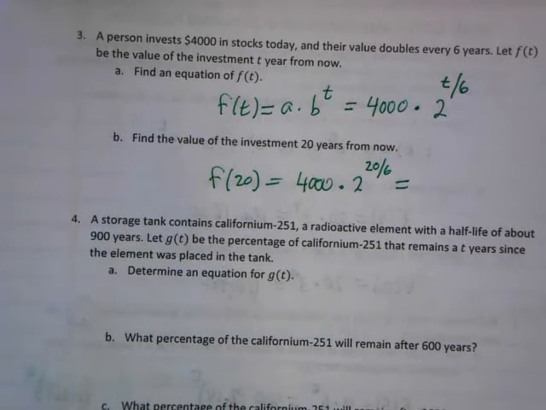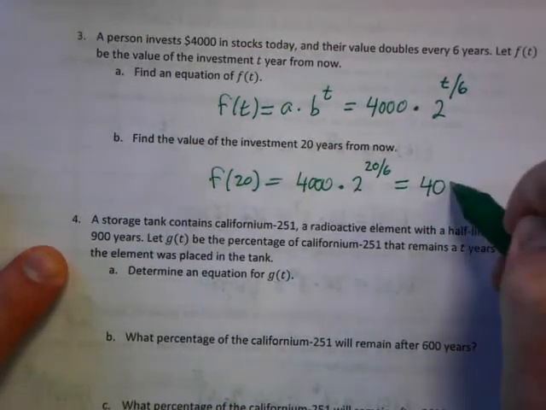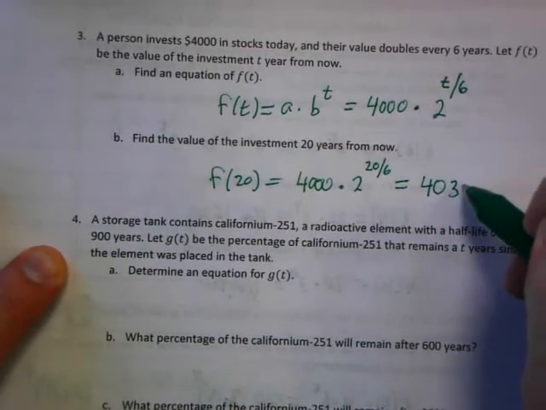And again, I would grab my calculator, and I would get... we got an answer yet? 20,000? 40,000? $317?